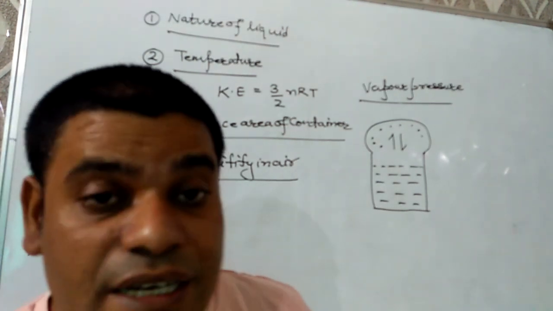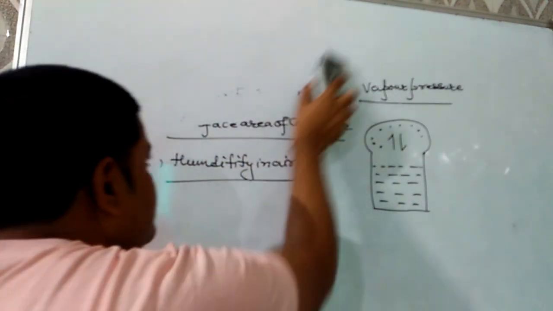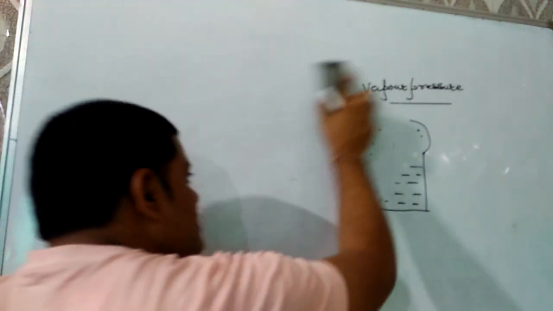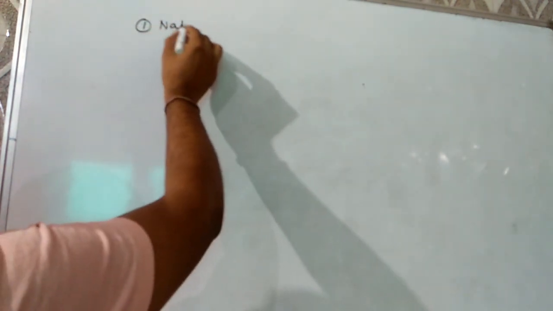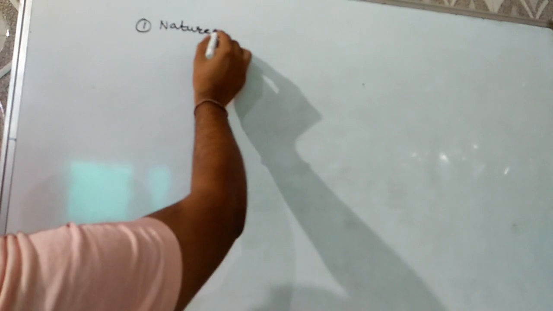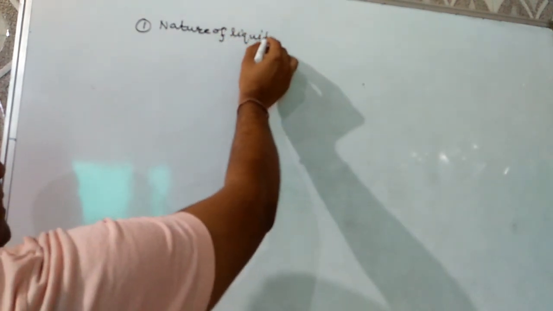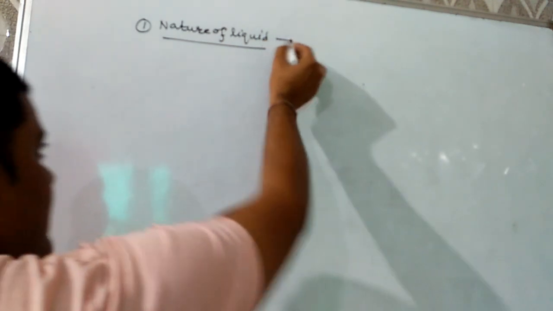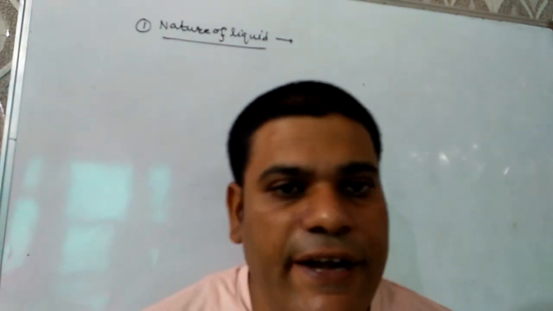Now we have to discuss the factors on which vapor pressure will depend. The first factor is the nature of the liquid.